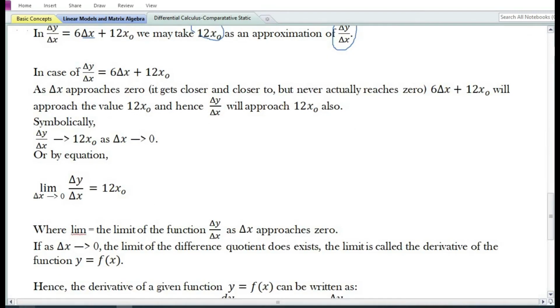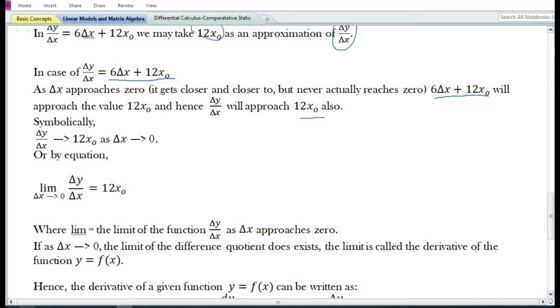In case of delta y by delta x, which is equal to 6 delta x plus 12 x subscript 0, as delta x approaches 0, that is, it gets closer and closer to but never actually reaches 0, 6 delta x plus 12 x subscript 0 will approach the value 12 x subscript 0, and hence delta y by delta x will also approach 12 x subscript 0.